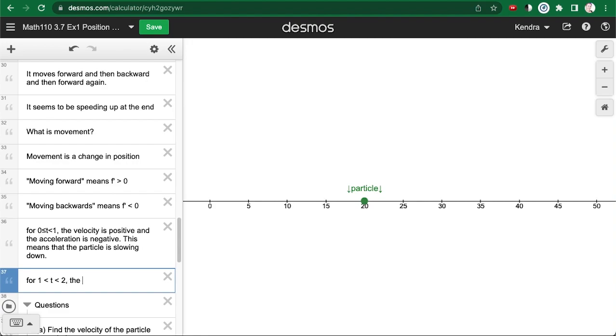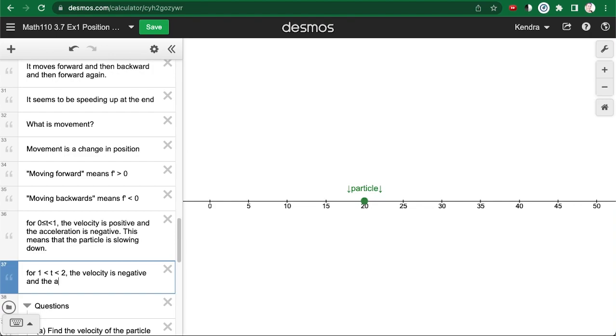let's see, the velocity is negative. And the acceleration is negative. So the velocity is negative. That tells you that you are moving backwards.